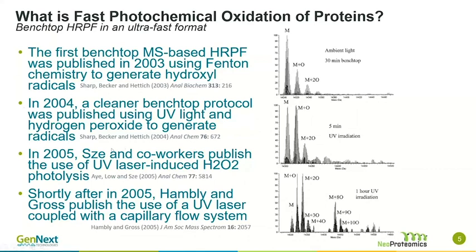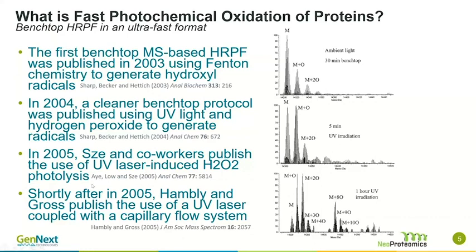In 2005, Zay and co-workers published the first use of UV laser-induced hydrogen peroxide photolysis. It worked very similarly to what we did in 2004, except now they're using a UV laser to do photolysis within a test tube. They would put a microfuge tube in the path of a pulse laser, and shoot it with 1 to 100 pulses of UV light, depending on how much radical they wanted to make, and they would measure the oxidation products.